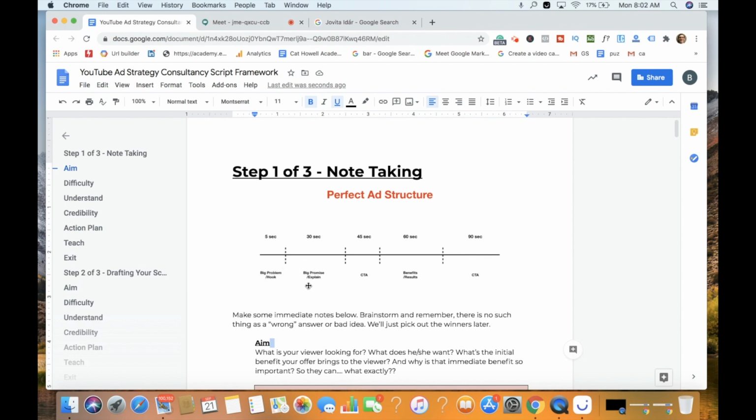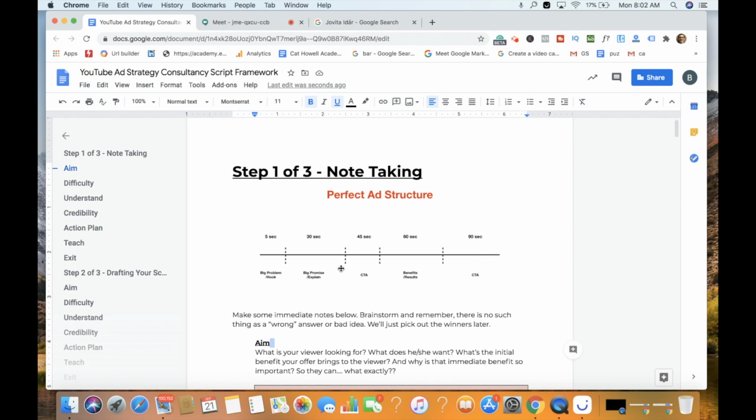And then it goes into, "Hey, this is our big process, our big promise, or something we do that can help you with that problem or hook," and then into that explanation. So that first 35 seconds is hooking the viewer in and explaining, and then there's the call to action.